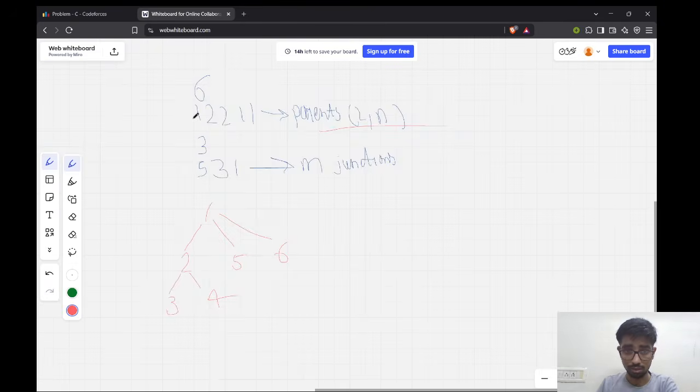For the third node, the parent is two. For the fourth node, the parent is two. For the fifth node, the parent is one, and for the sixth node, the parent is one. So that's how I have drawn this. And if I mark the junctions that the player needs to visit, those are five, six, and one.